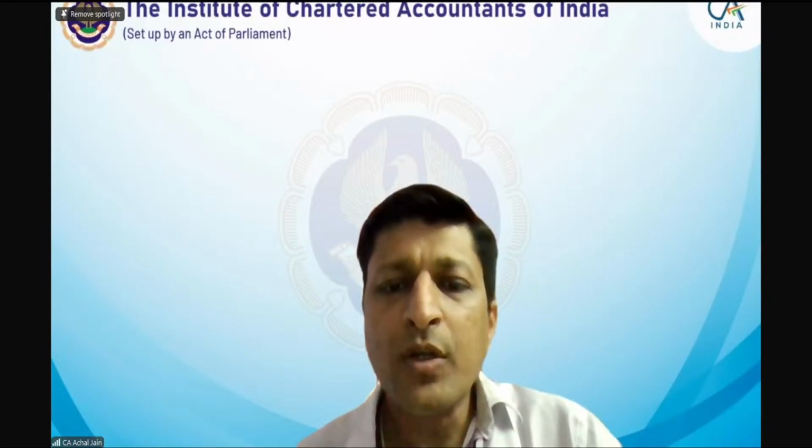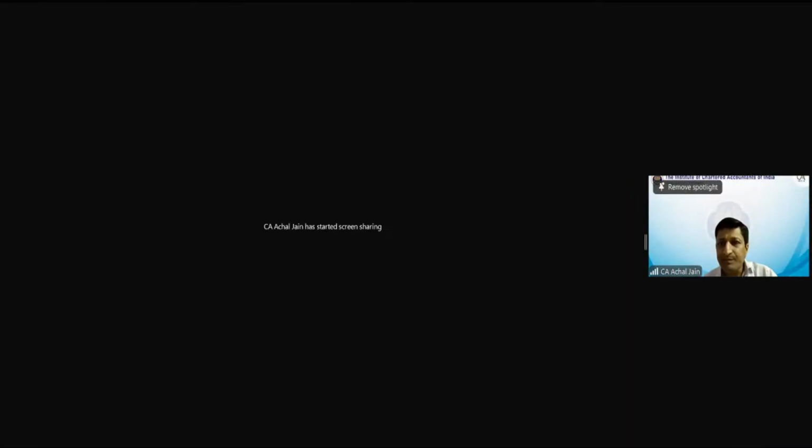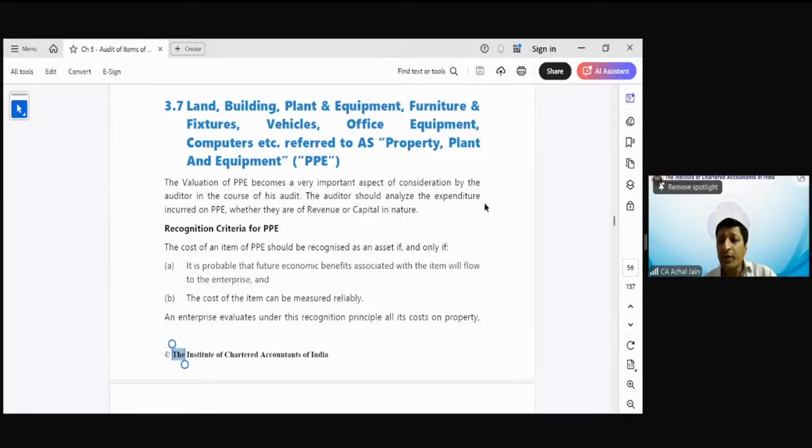All right. So now moving on to the next item, PPE. In relation to PPE, the various audit procedures that we are going to cover, which we'll have to discuss, understand and plan, will generally be linked to the accounting requirements of PPE. So it becomes important for us to understand the accounting requirements.